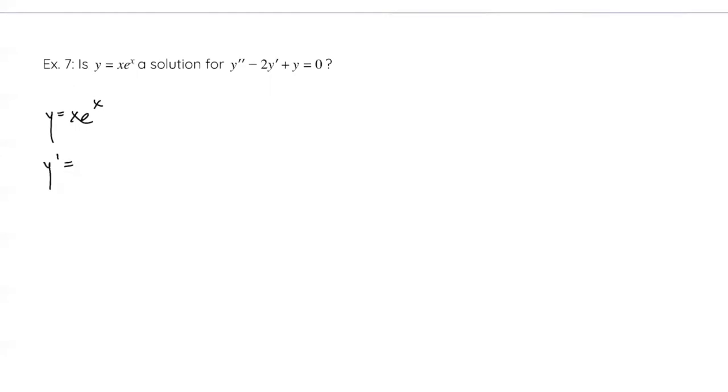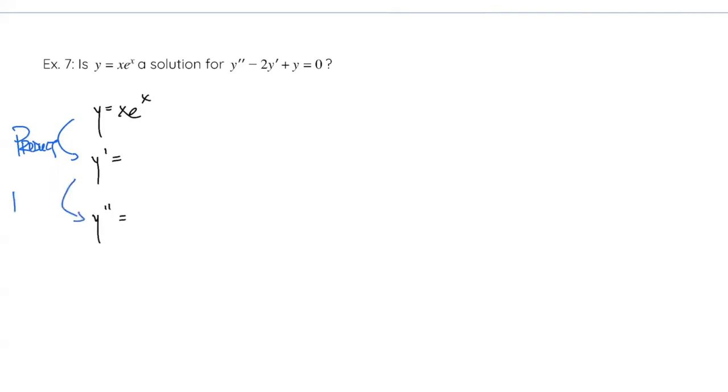Yeah, and so I would say product rule, right? We don't need chain rule for this one, but we will need product rule. All right, so I'll leave you to take that first derivative. And we are going to need product rule to find that second derivative as well.